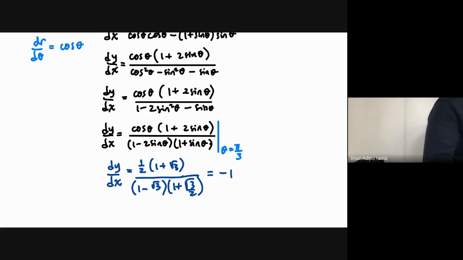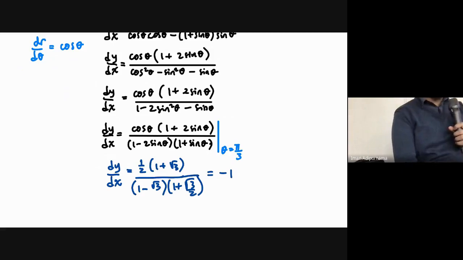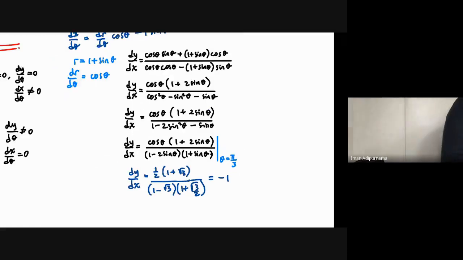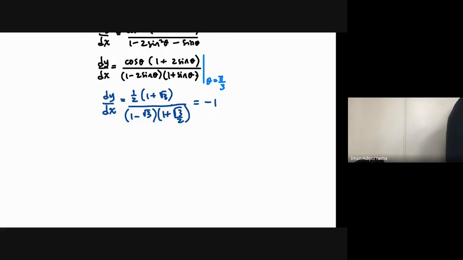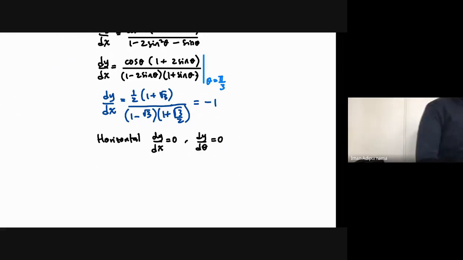Okay, now the next question is asking about the horizontal and the vertical tangents. So horizontal: because we already calculated dy over d theta and dx over d theta, we just rewrite the form.